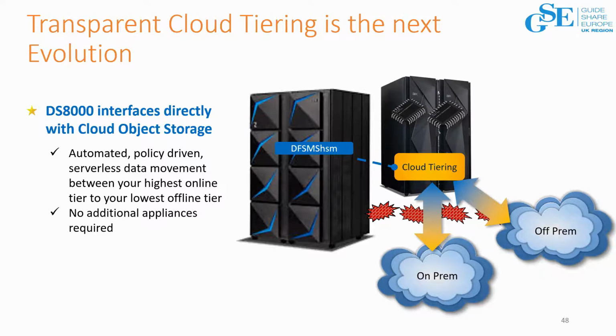Once we had that large brick wall in between the online and offline storage, you can now see that with cloud, that barrier between online and offline storage is broken. With this support, the DS8K interfaces directly with cloud object storage and no additional appliances are required. This is done over existing Ethernet ports, and the support can be used with both on and off-prem clouds.